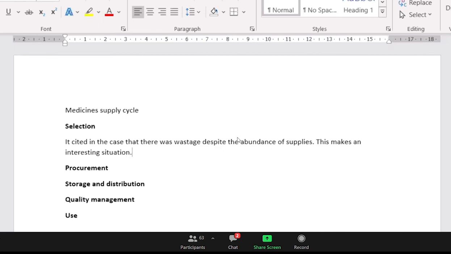Then you go like, one, the probable cause of this occurrence could be related to selection of medicines.